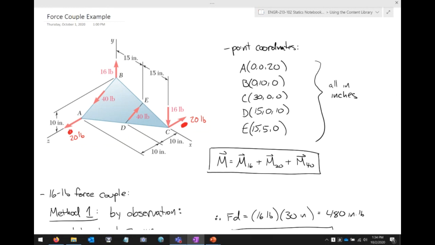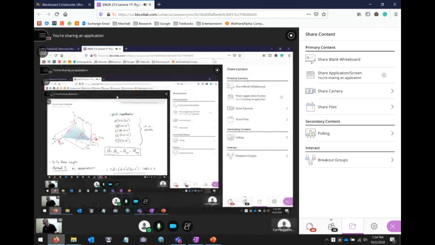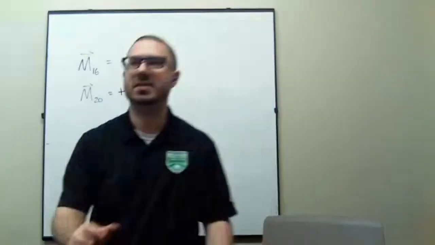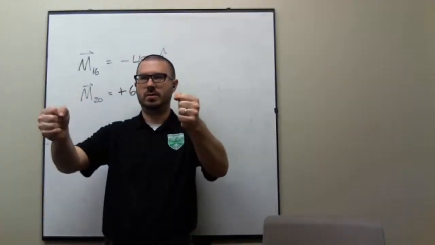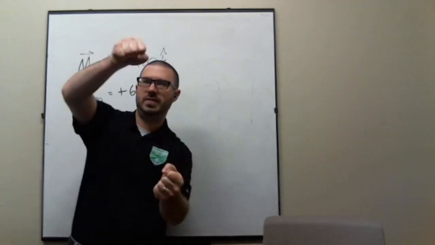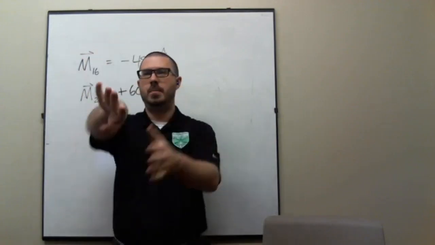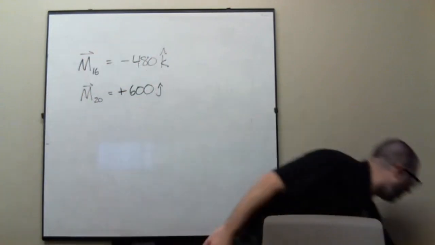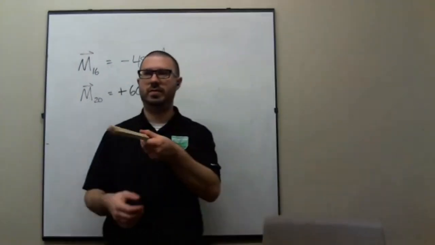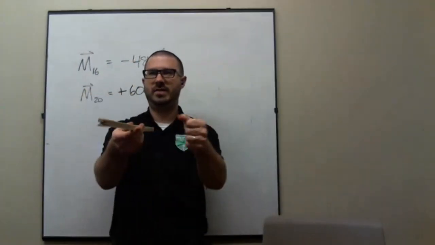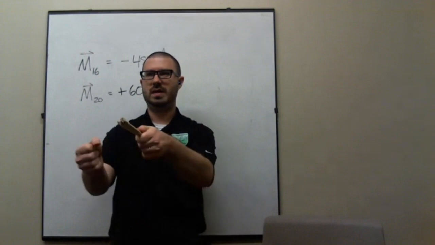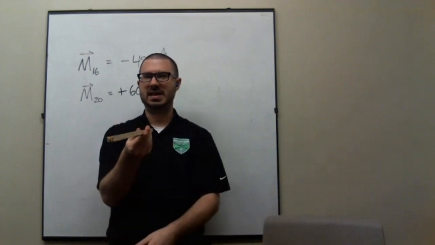Here's the wheel, and I'm either going to turn it this way or this way. But the axis about which it rotates is going this way. So if here's the steering wheel, then the axis about which it rotates is like this.